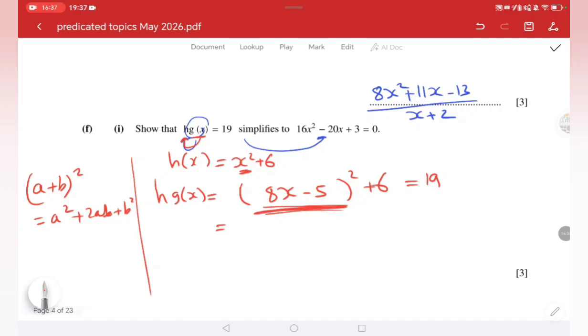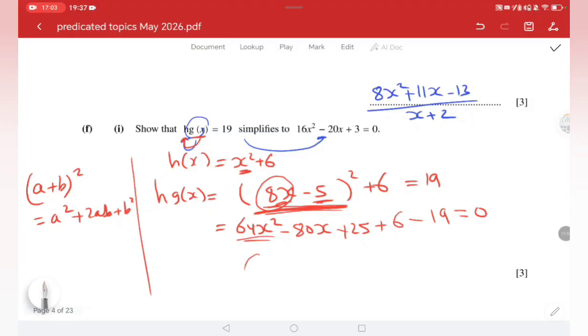Squared means you multiply the same bracket by itself. So the first one squared, 64x squared. The first one times the second one times 2 is minus 80x, plus 25 plus 6 minus 19 equals 0.